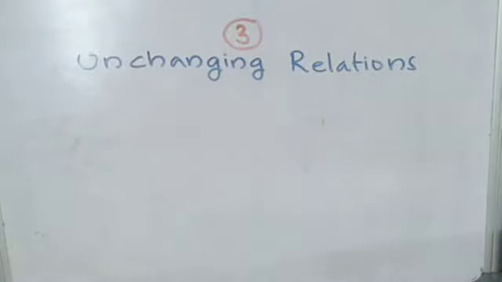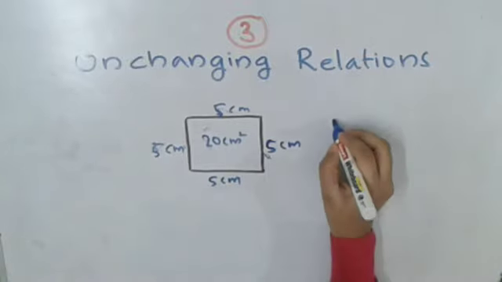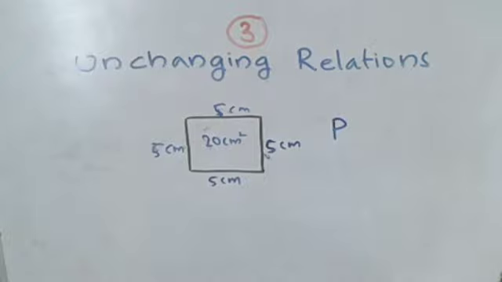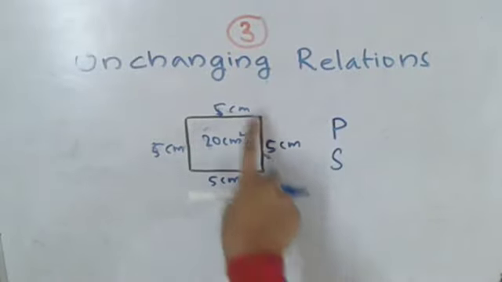And my dear friends, you can see here a square of length 5 centimeter. What is the perimeter of this square? That is 4 into length. Then how can we write this in letter form? The perimeter we can represent by P, and length is represented by S, and the number of lengths is 4.